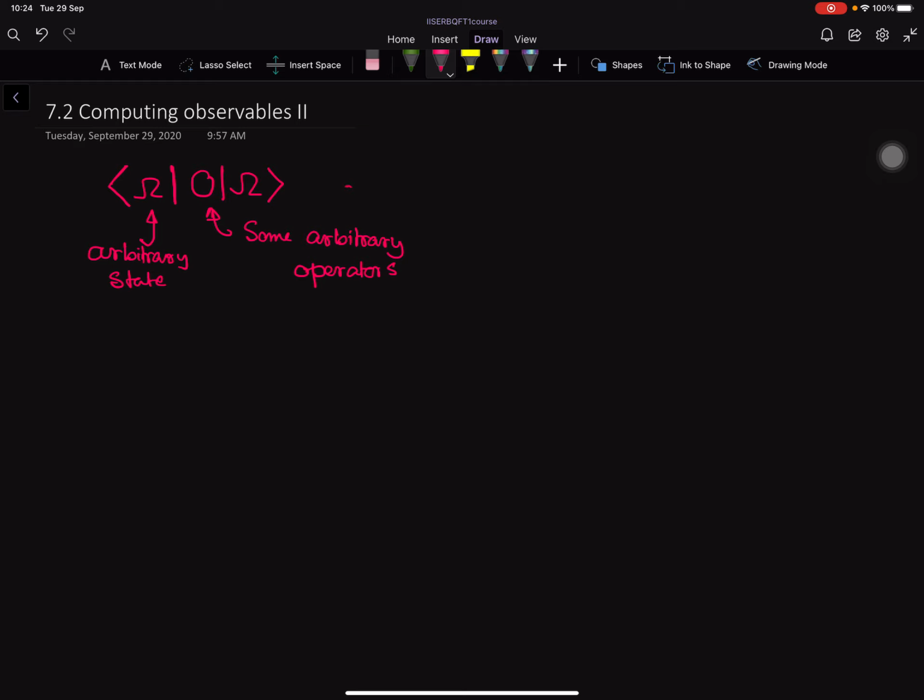And we showed that this problem maps to computing the vacuum expectation value of three operators, where these are normal ordered operators, which we introduced last time.